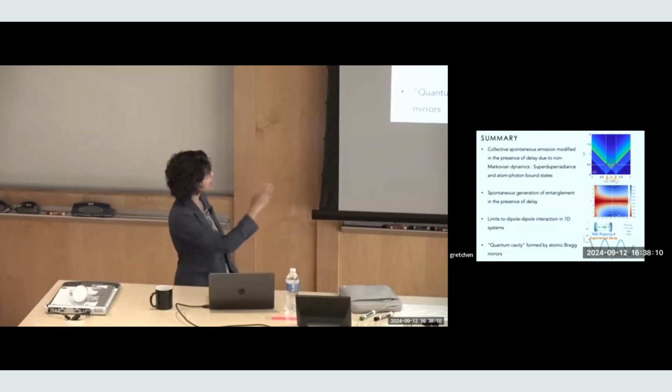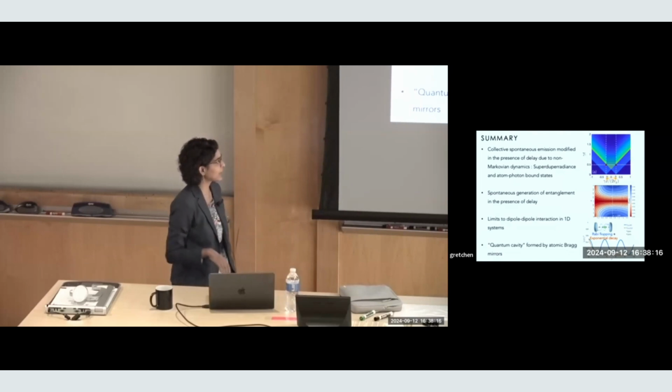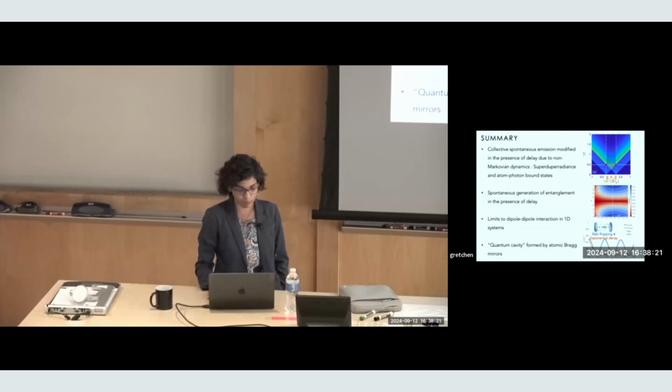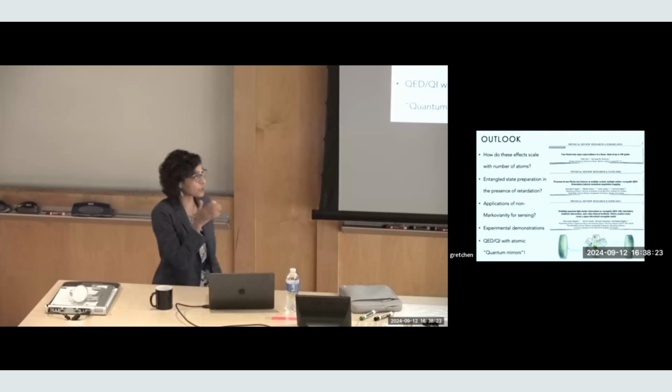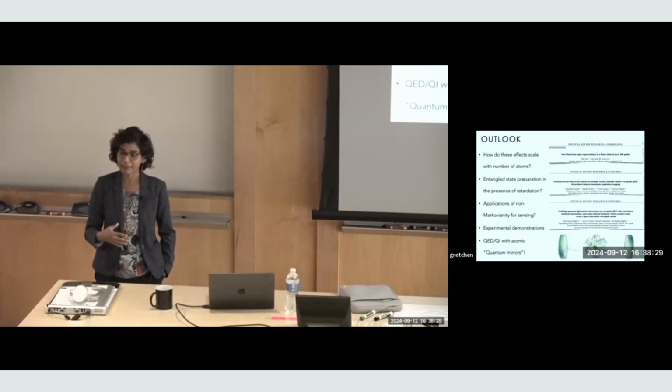We can generate entanglement using this delay. We've studied limitations to dipole-dipole interactions, and also this new territory of quantum mirrors that we are currently actively exploring. There are many questions that you may have, which I also have. How does this scale with number of atoms?